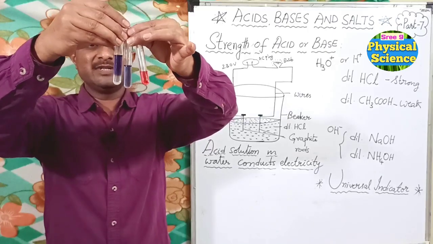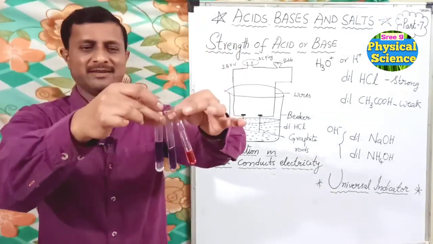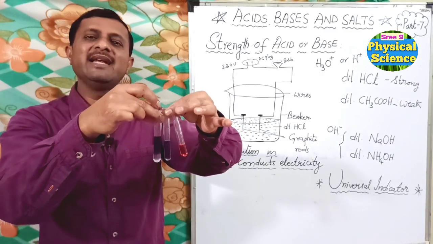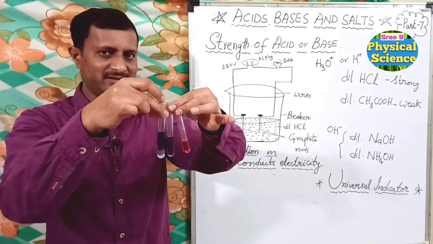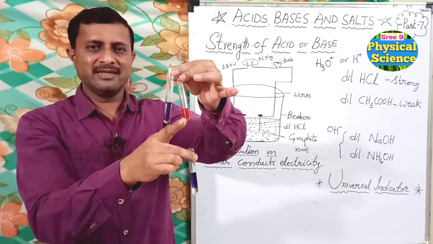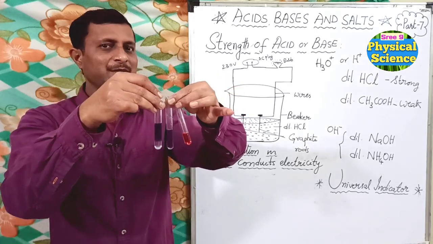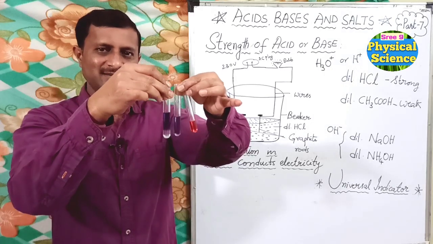So here universal indicator shows different colors. Universal indicator shows different colors in different solutions depending on their strengths. Say acid, neutral, little bit neutral, and this is base. Are you able to see the colors? Yes. Do you understand? Right.